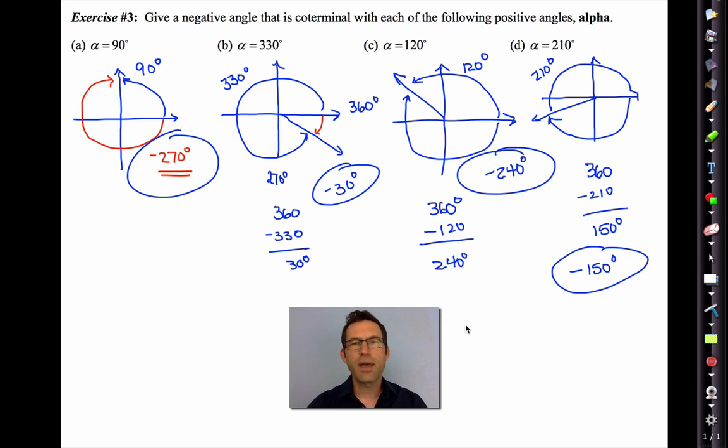Again, these aren't the same angles. I want to be very, very clear about that. Coterminal angles, yeah, if you will, they make you end up in the same place, but they're not the same angle, right? And the reason for that is that angles measure two things. They measure how far you rotate and what direction you rotate in.